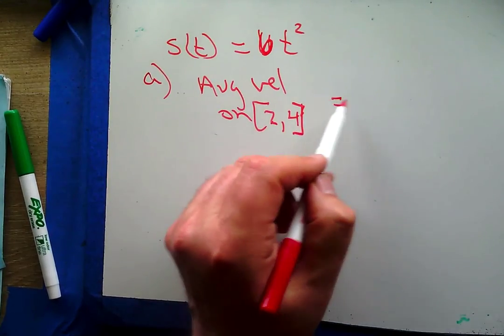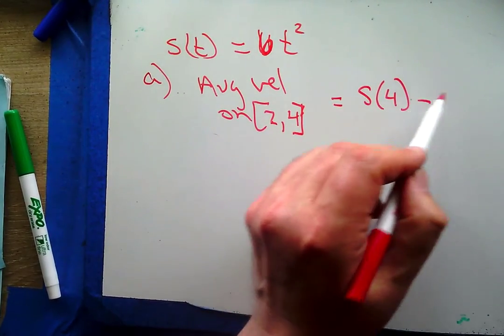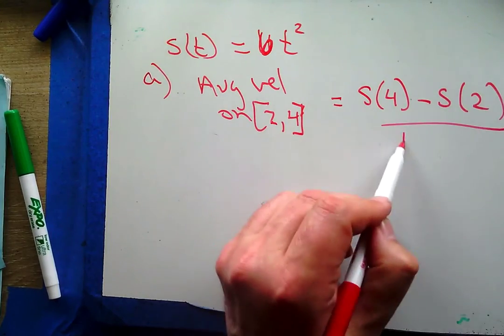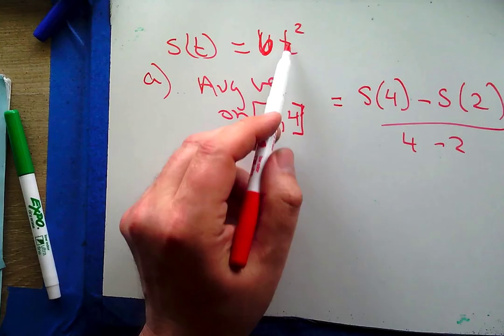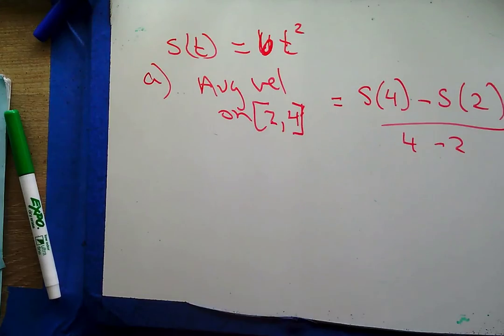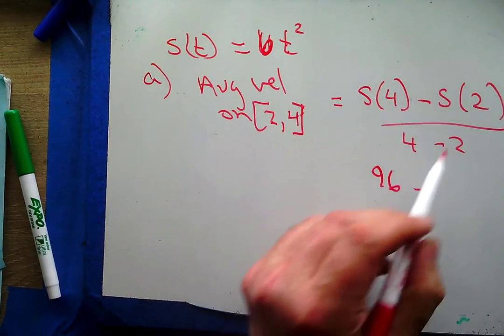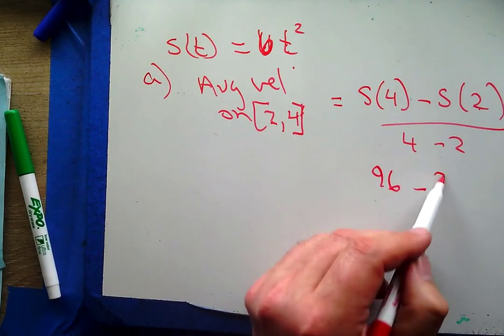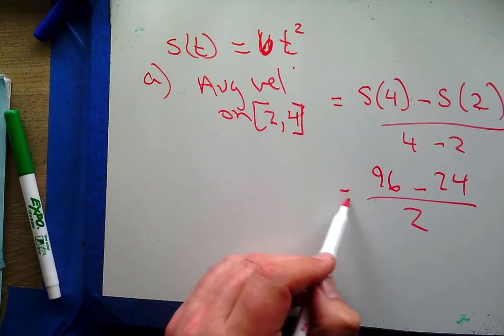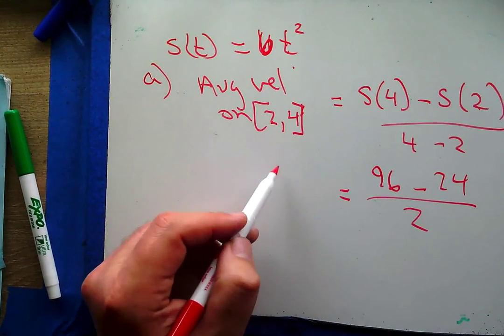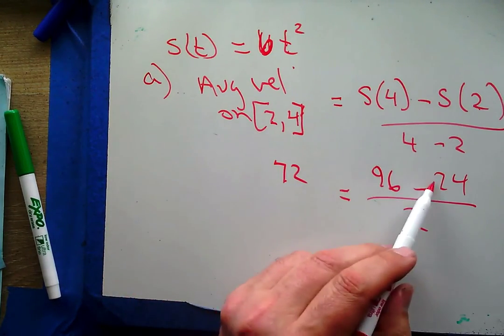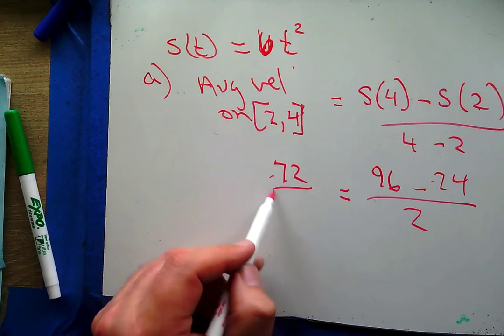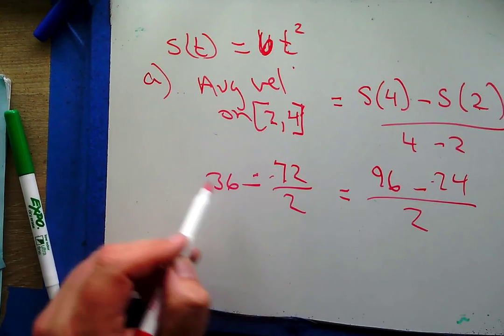Well, we know that's going to be s of 4 minus s of 2 over 4 minus 2. So if we plug a 4 in here, 4 squared is 16, times 6 is 96, and if we plug a 2 in there, we have 24, and so we're going to get 72 over 2, or 36.